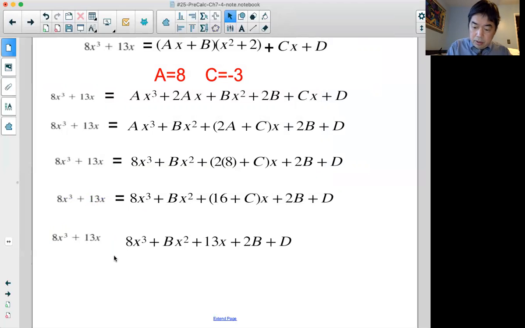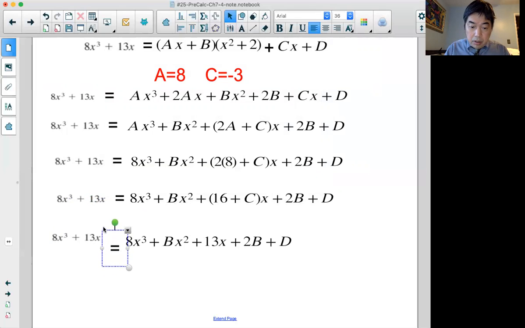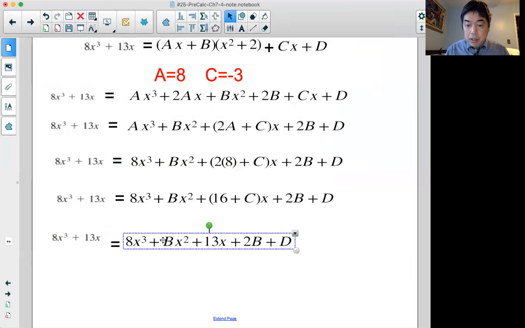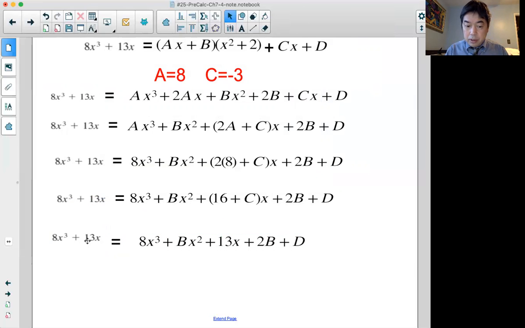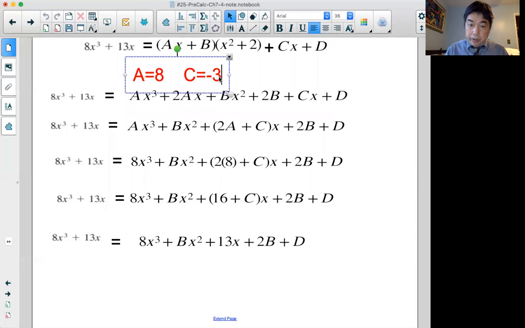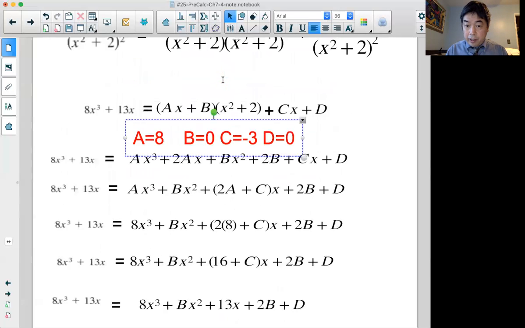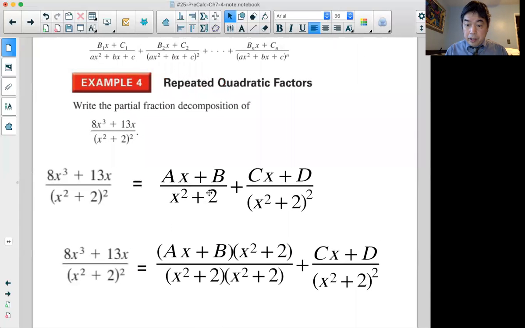Now, b should be 0 because I don't see x squared. So d is going to be also 0 because I don't see any constant here. So b and d equal 0. I hope it's clear. So it's in order. b equals 0 and d equals 0.